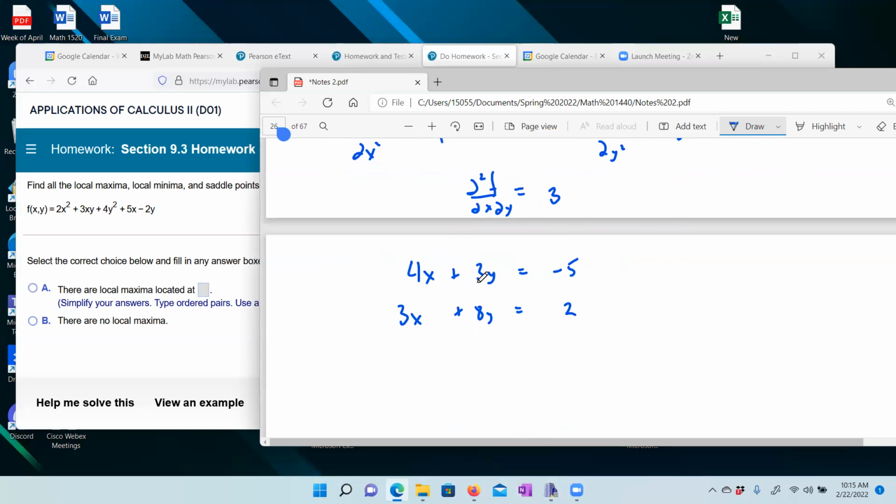Now, this is a system of equations. I know that you've all seen this in either high school algebra or intermediate algebra. Unfortunately, we don't reinforce this in college algebra, so it's probably the last time you saw it. You have options.